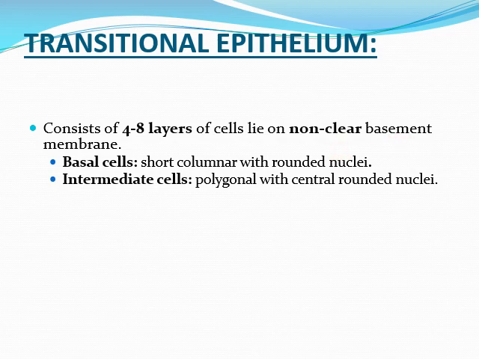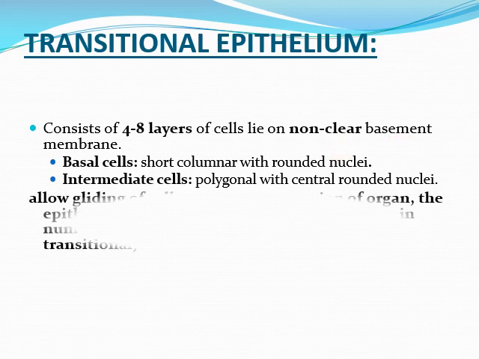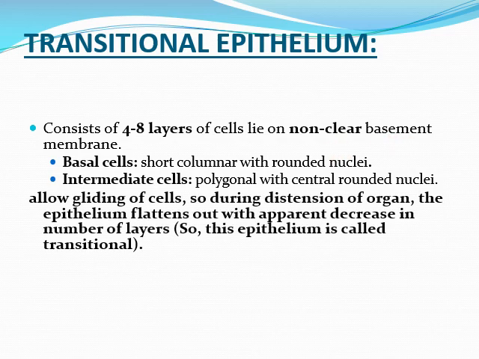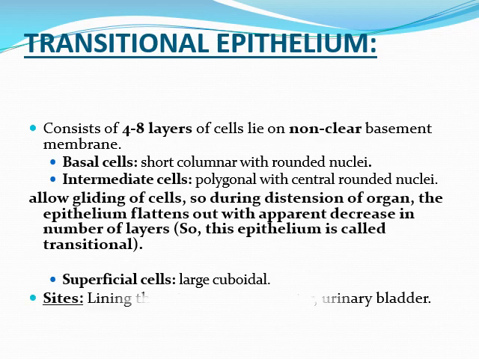The intermediate are polyhedral with rounded nuclei, and the most superficial cells are large cuboidal cells. Why do we say this is transitional? Because it depends on the state of the organ, whether it is distended or relaxed. It lines the urinary bladder and the ureter.